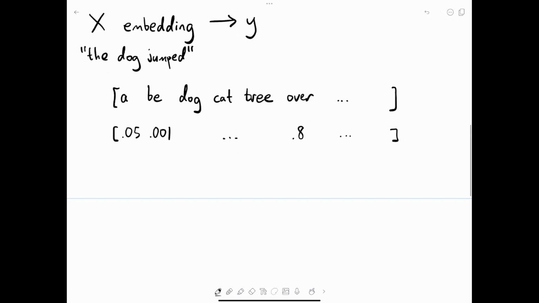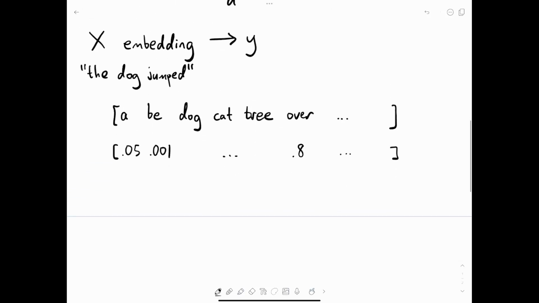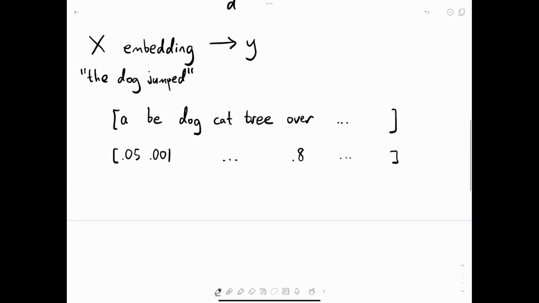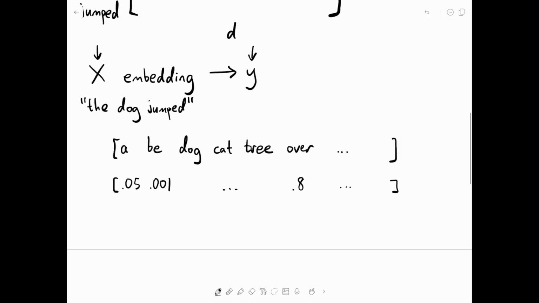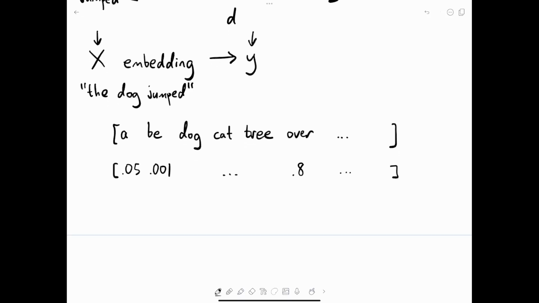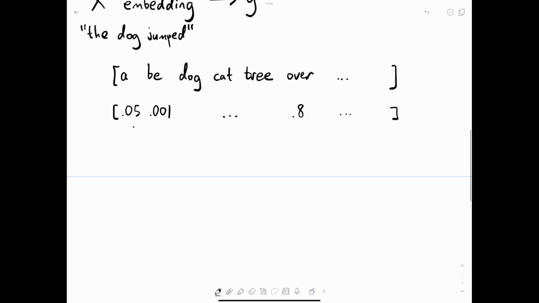So the idea is that given a sentence, we want to predict the probability for each word in the vocabulary of that word following the input sentence. So this is our framework. We have an input embedding x, and we want an output probability distribution y. It's a probability distribution because if you recall in statistics, all of these elements will sum to 1.